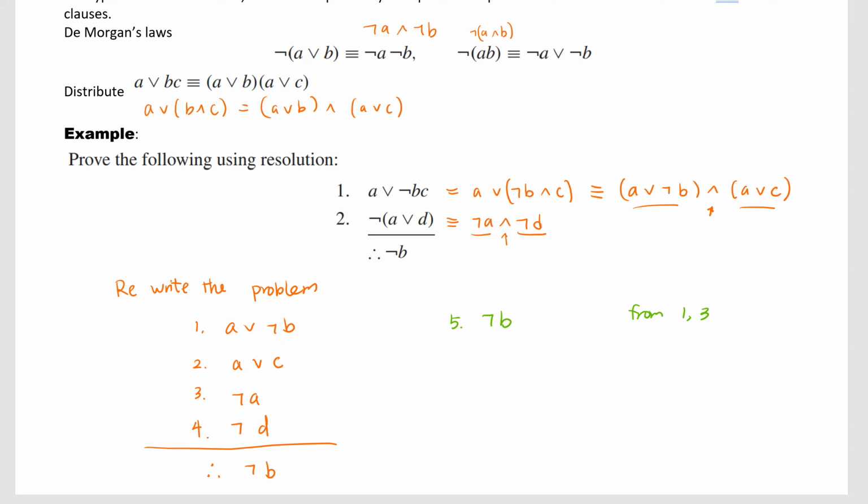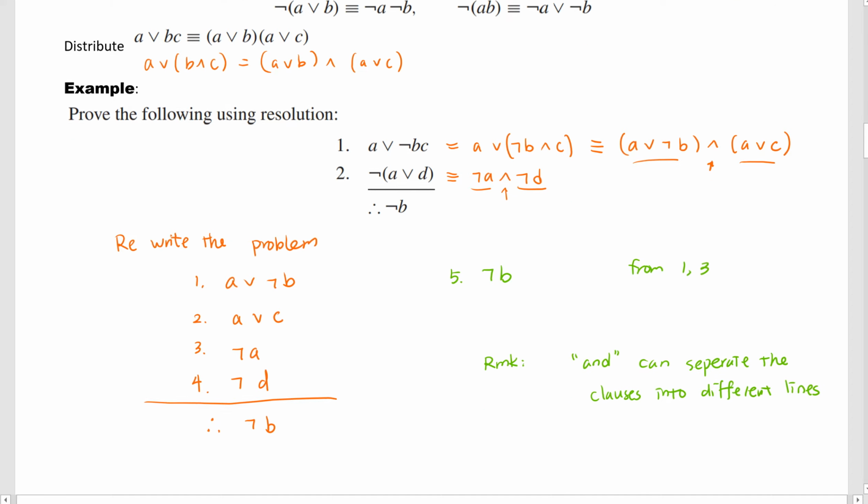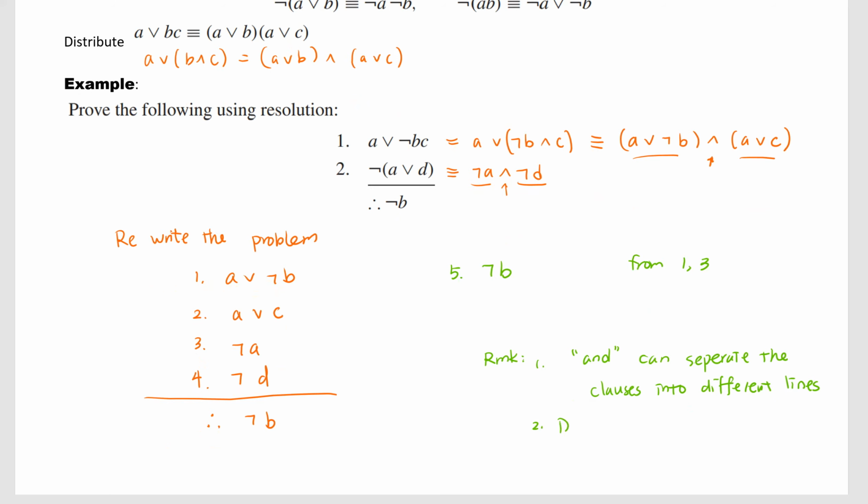Okay, so let me put down the remark here. Remark: when you see "and" in the expressions, we can separate the clauses into different lines to make the expressions simpler. And during the proof, there might be some clauses that you didn't use.